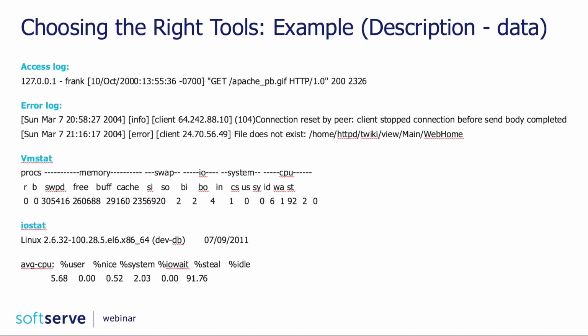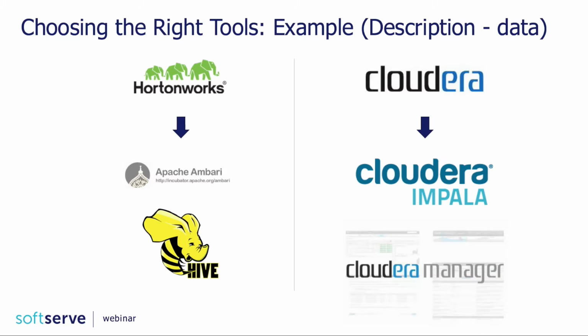The log files are standard Apache weblog files plus error files, and we also collected different operating system metrics using vmstat, iostat, and so on. The decision on this project was between Hortonworks and Cloudera to store the data, right?